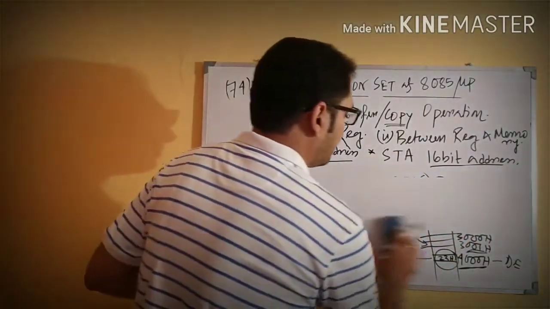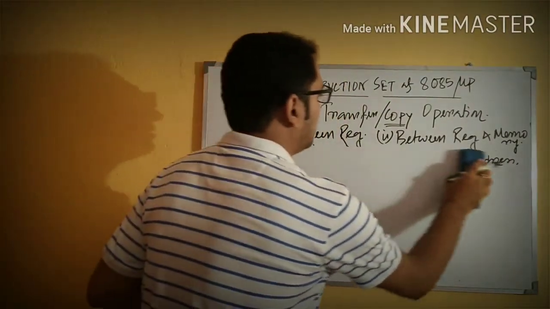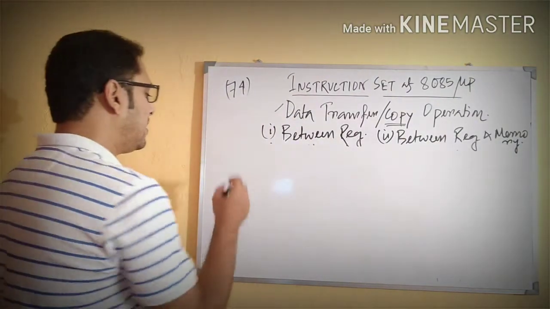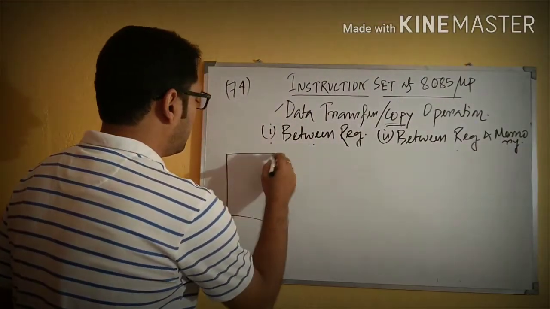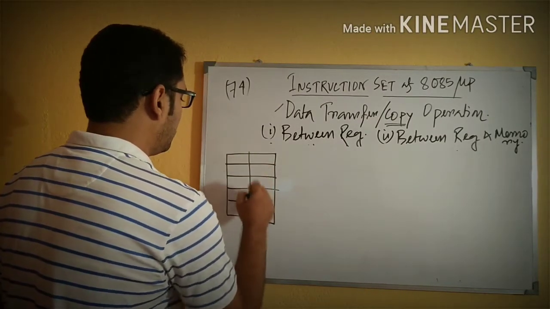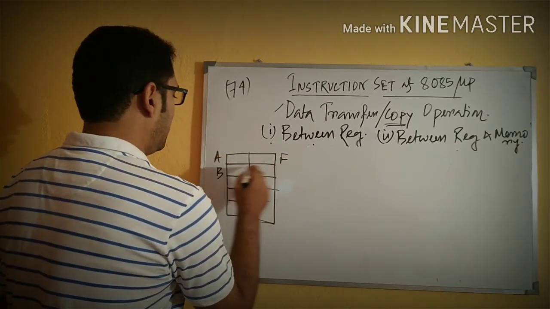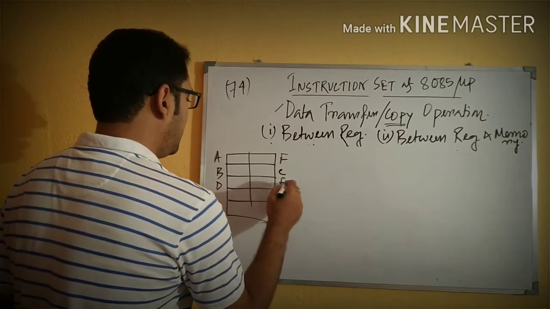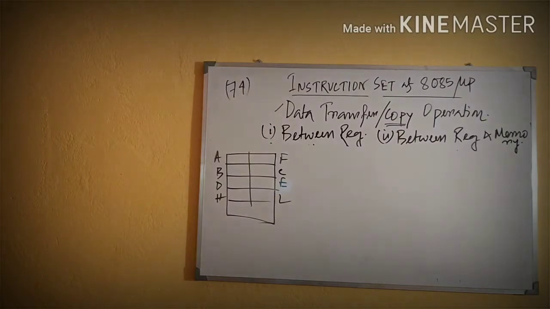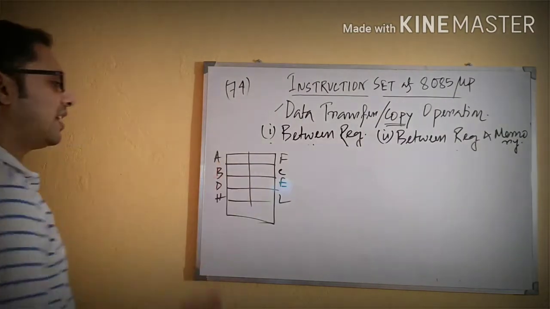Now another topic we need to understand here. Suppose this is the programming model that we are talking about every time. This is AF, BC, DE, HL, then stack pointer and program counter. So already we know how to copy data from each of these registers.